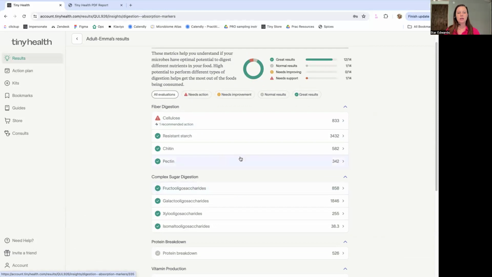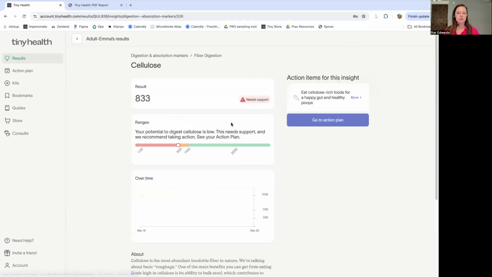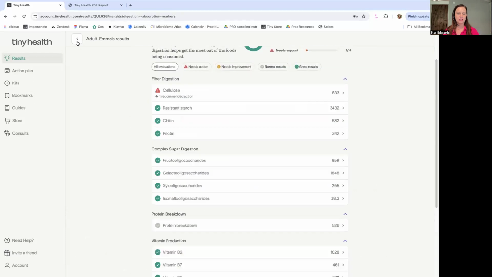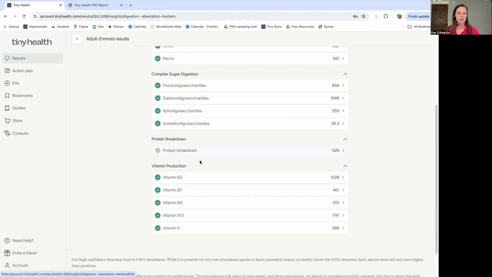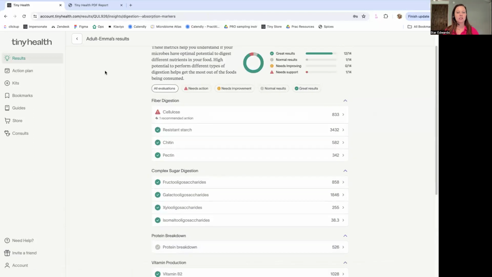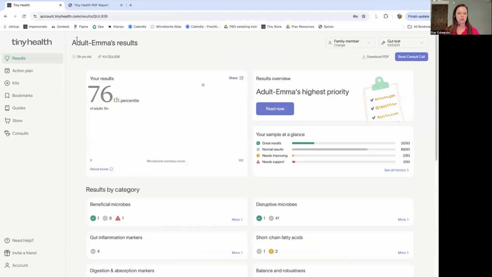And then if we increase some of these foods that we're low in, then we're feeding those bacteria who like to digest these things, and hopefully we can help them come back and flourish. So we look at protein breakdown or proteolytic fermentation, vitamin production, fiber digestion, and complex sugar digestion.